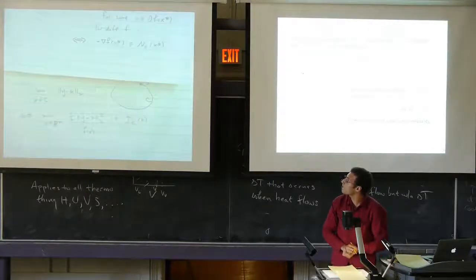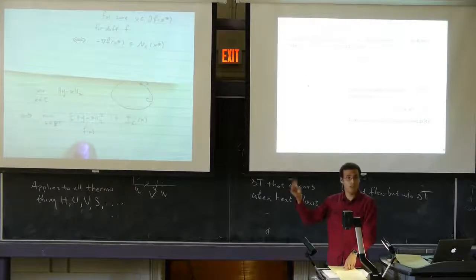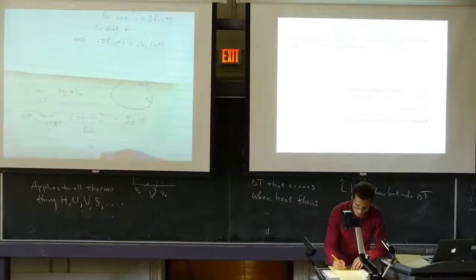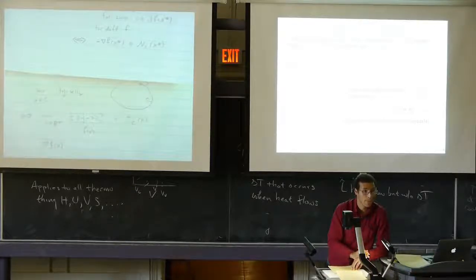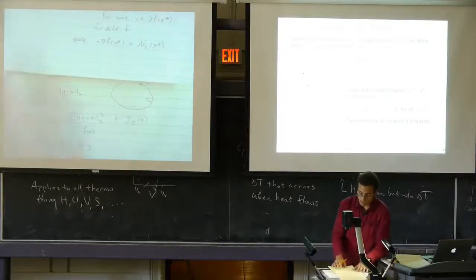That was for differentiable f. Our function is definitely differentiable. It's just the squared norm of y minus x. So what's its gradient? What's the gradient of this function? That should hopefully not be challenging.